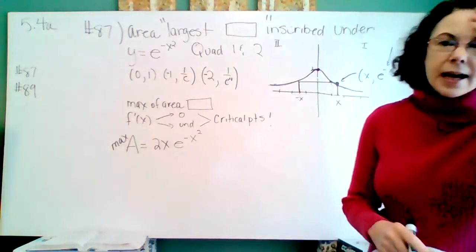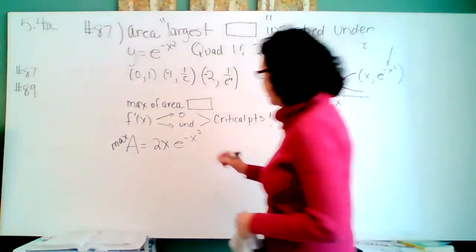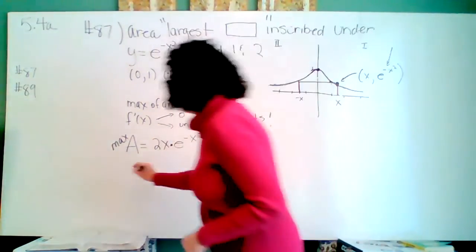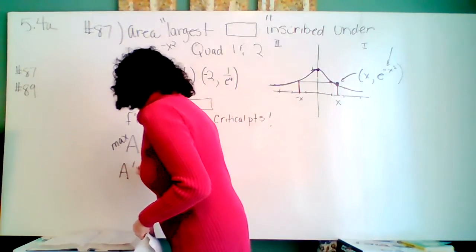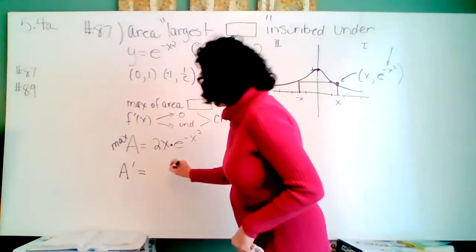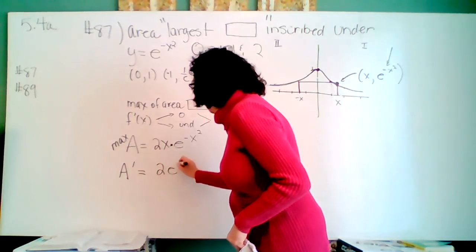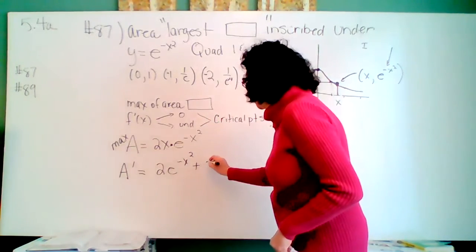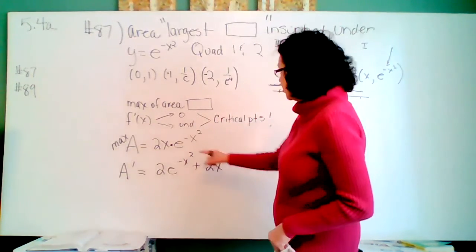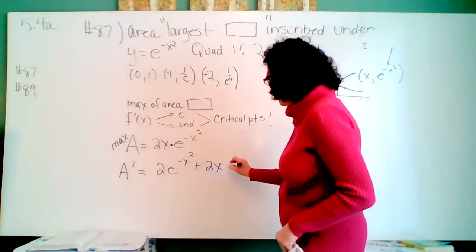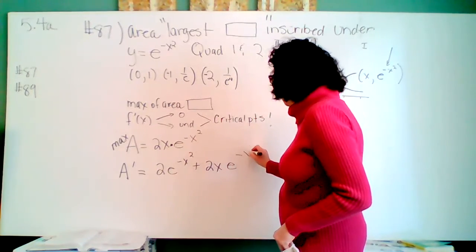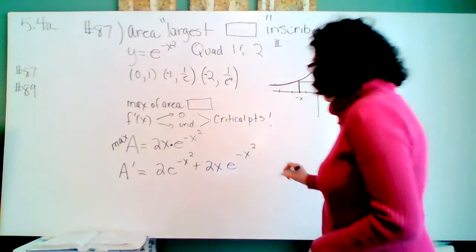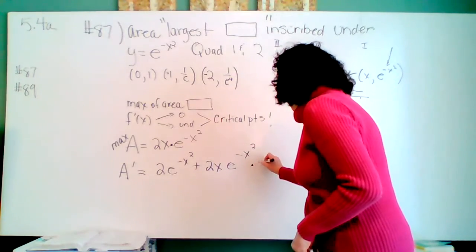Okay, so this means I need to take the derivative. I will use a product and chain rule here. So the derivative of the area: the derivative of 2x is 2 times e to the negative x squared, plus I'm going to keep my 2x and take the derivative of e to the negative x squared, which is itself, times the derivative of the inside function, which is a negative 2x.